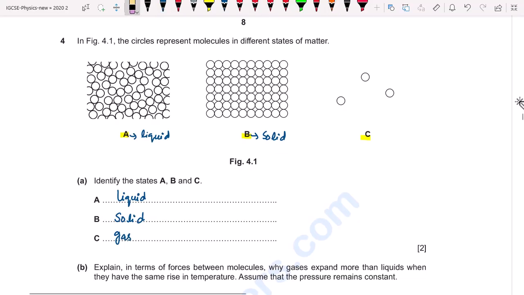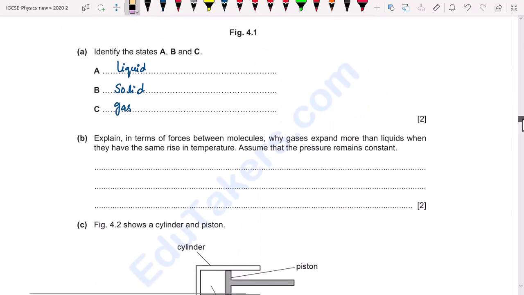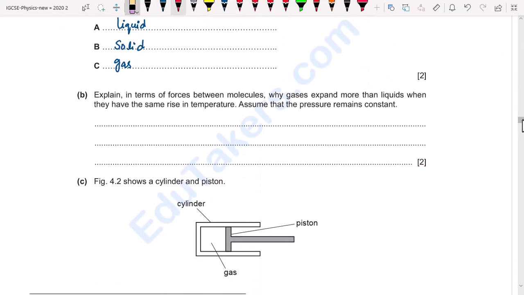Part B. Explain in terms of forces between molecules why gases expand more than liquids when they have the same rise in temperature. Assume that the pressure remains constant. So here pressure is constant, but when we increase the temperature, gases expand more as compared to liquid.